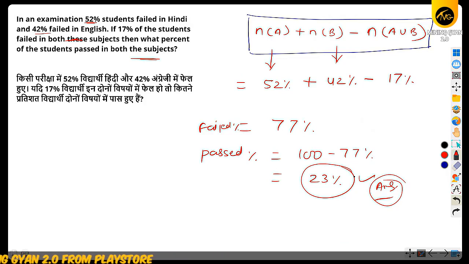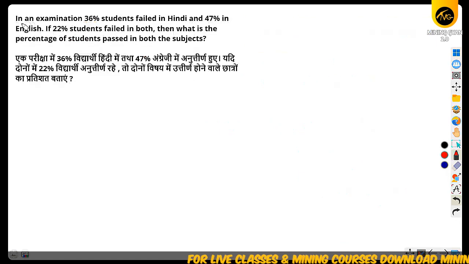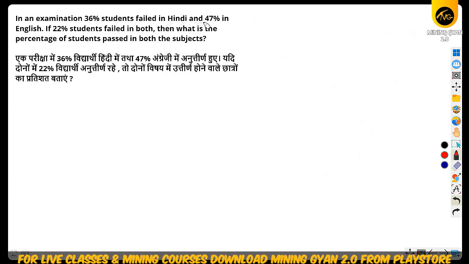So basically it's based on the union formula, or you can use the union formula to find this type of percentage. Suppose another question: in an examination 36% students failed in Hindi and 47% failed in English.